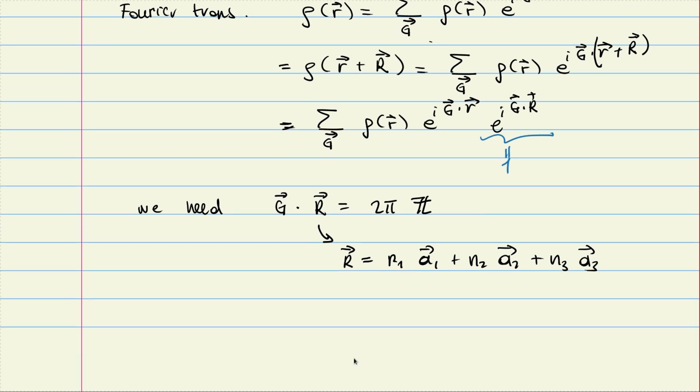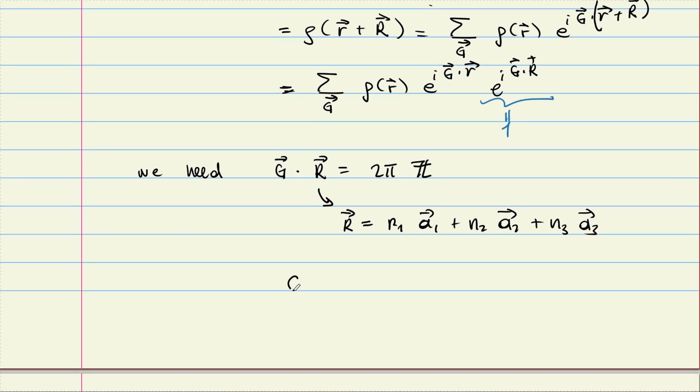This suggests if we have G dot any lattice vector aj equal to 2 pi mj for some mj element of z, and j equal to 1, 2 or 3, the periodicity condition will be satisfied.